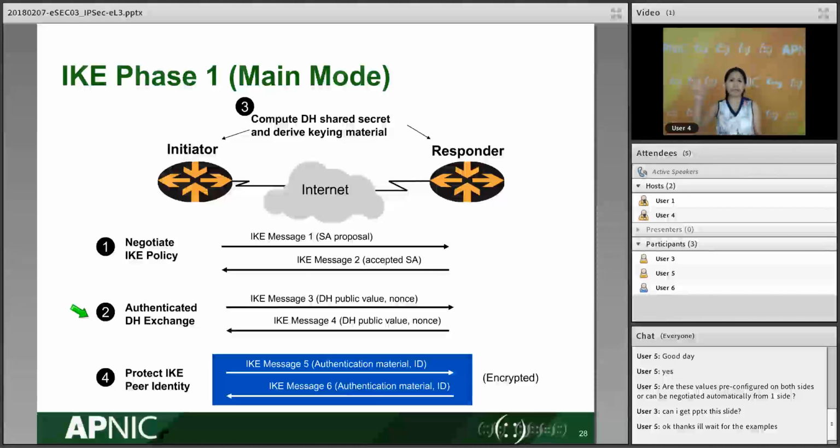So let's say P and Q, and once it's exchanged, of course, that's public. Anyone can read that. However, those two will go through an algorithm wherein they're able to come up with a value that is the same, based on the original data that they exchanged.